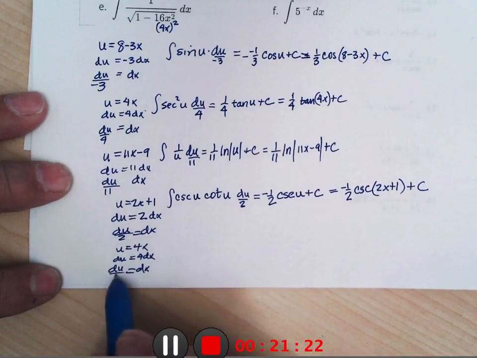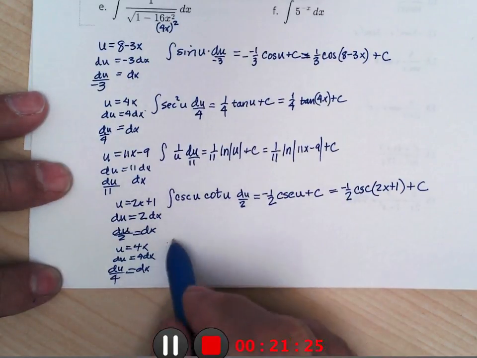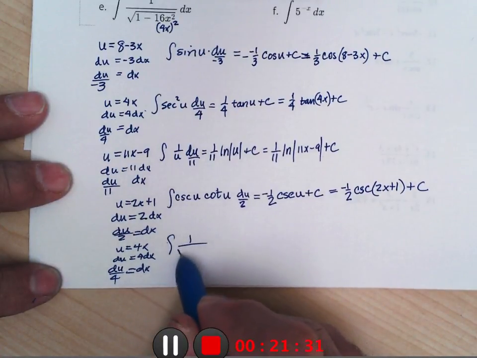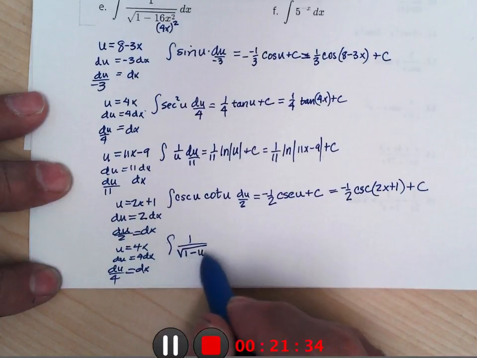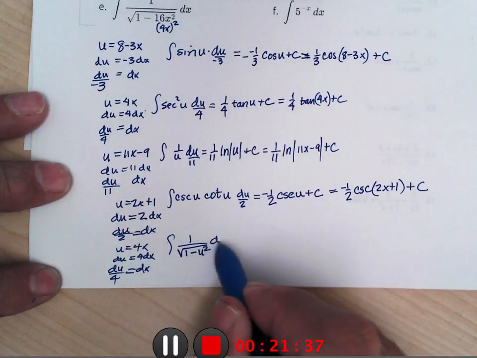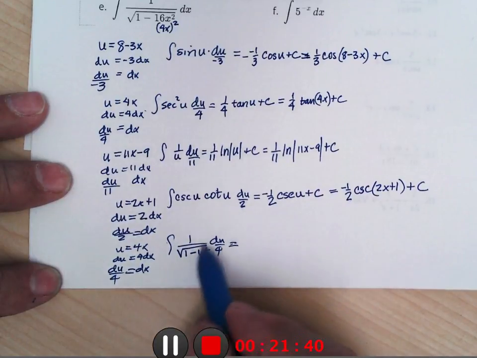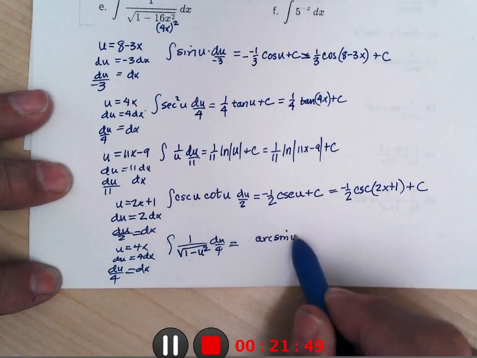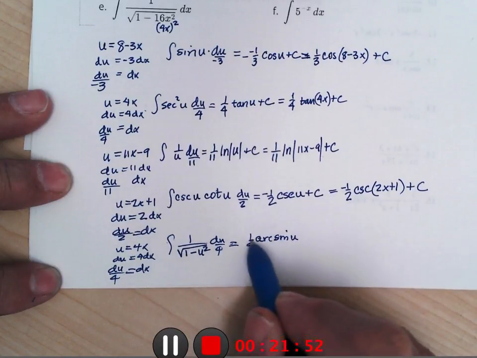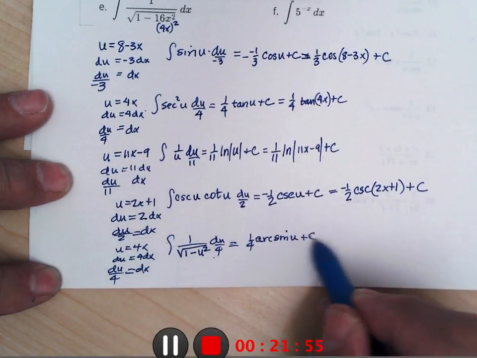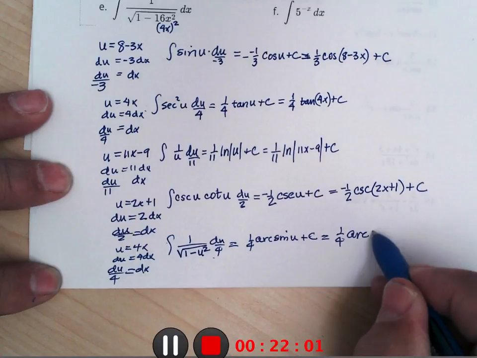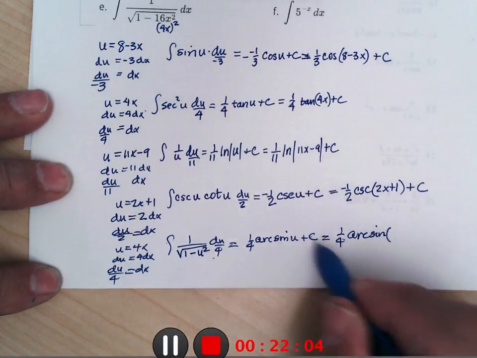So I'm creating a 1/4, and I have the antiderivative of 1 over the square root of 1 minus u squared, du over 4, and that is the arc sine of u, and we get a 1/4 from here, and plus c, so it's 1/4 arc sine of, and that u was 4x.